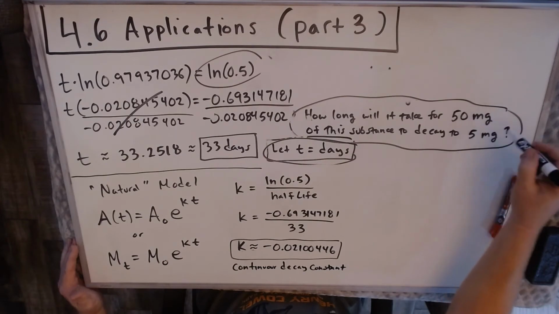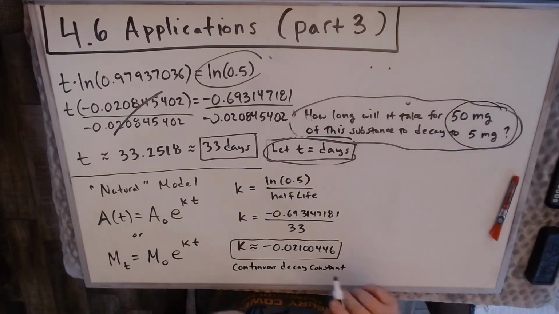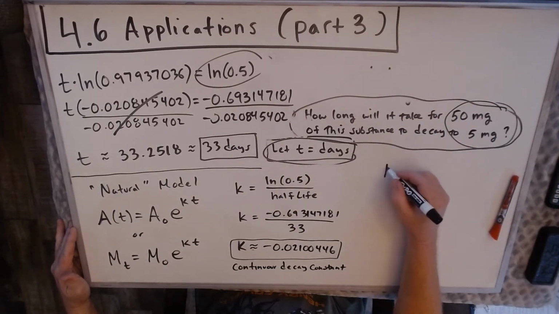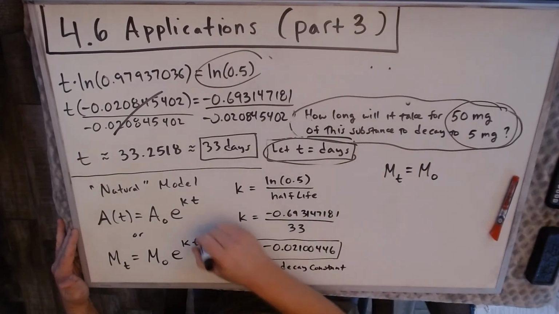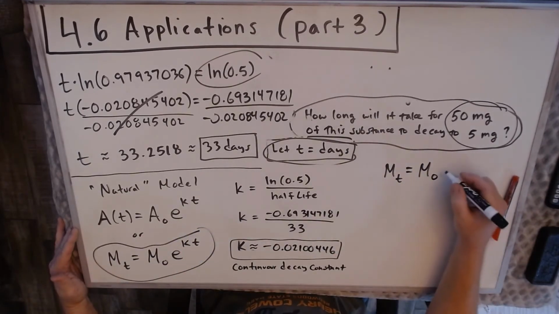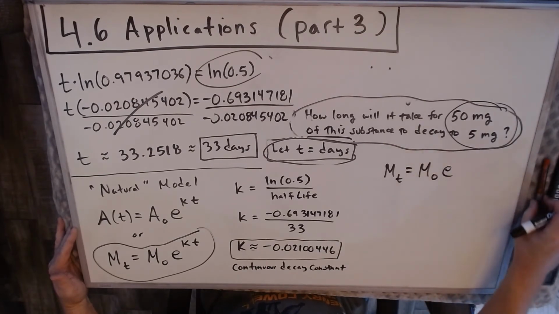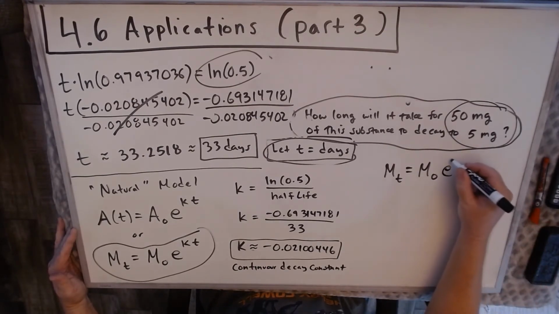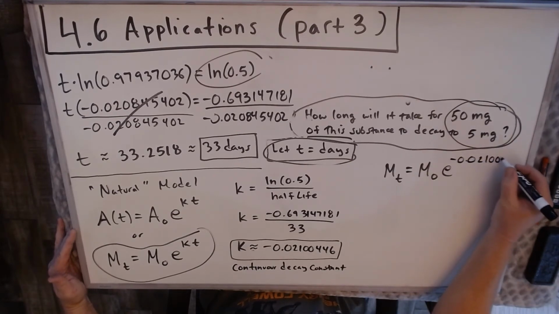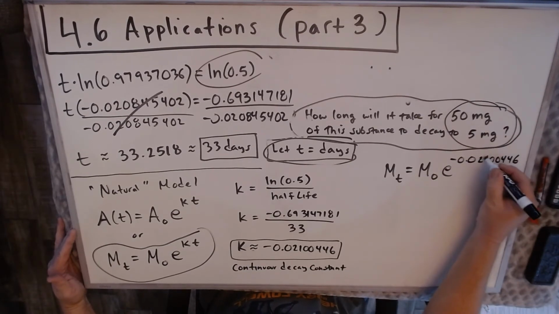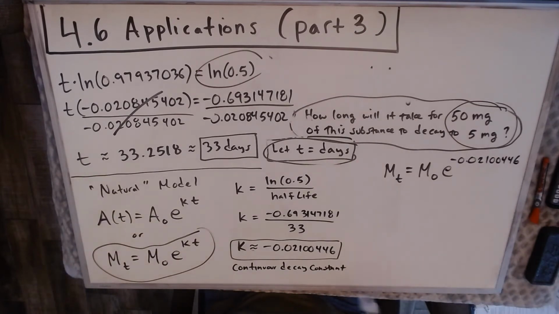Now I can use this model to answer this question. How long will it take for a mass to decay to 5 milligrams? I didn't give any specific instruction on where to round.